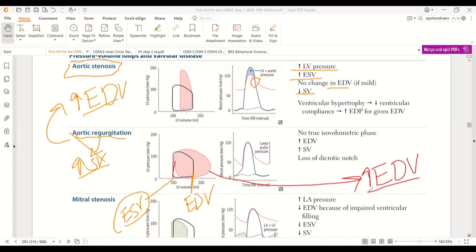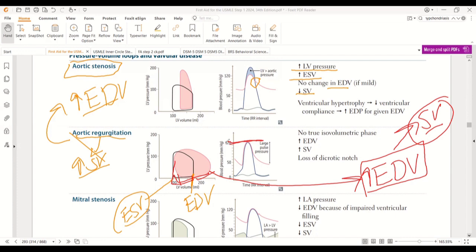If the end diastolic volume is increased, then the stroke volume is increased, right? If you compare this loop with this one, the stroke volume is increased. And one key thing, there is a large pulse pressure difference, right?